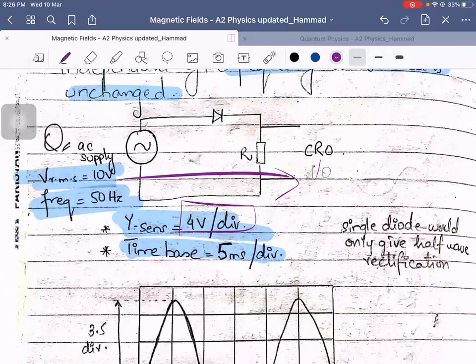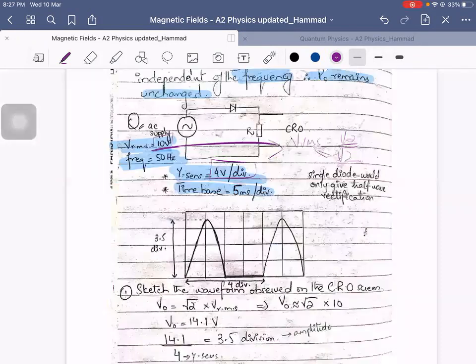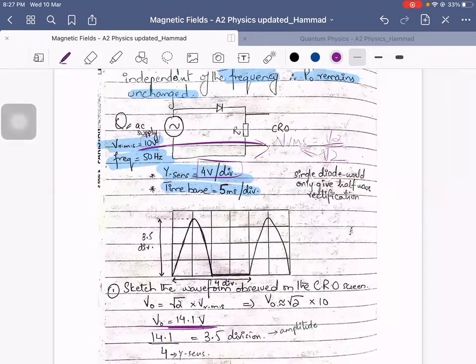Since it's an AC supply, V RMS is equal to V naught upon root 2. You multiply the RMS value, which is 10, by root 2, and you'll get a value of 14.1 volts. If you use 3.5 divisions, multiplying 4 by 3.5 gives approximately this value, 14.1 volts.